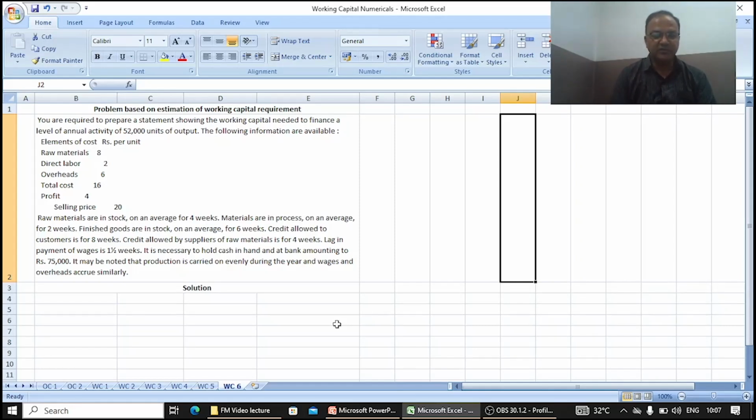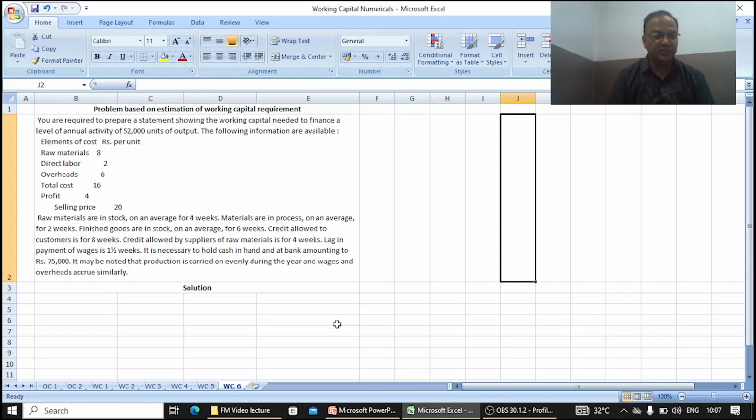Timings are given in this way: raw material 4 weeks, WIP 2 weeks, finished goods 6 weeks, credit allowed to customer 8 weeks, credit allowed by supplier for raw material 4 weeks, lagging payment of wages 1.5 weeks.